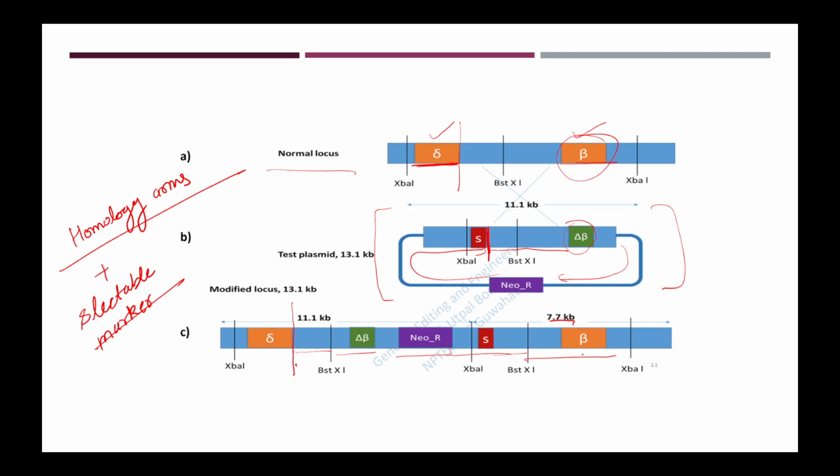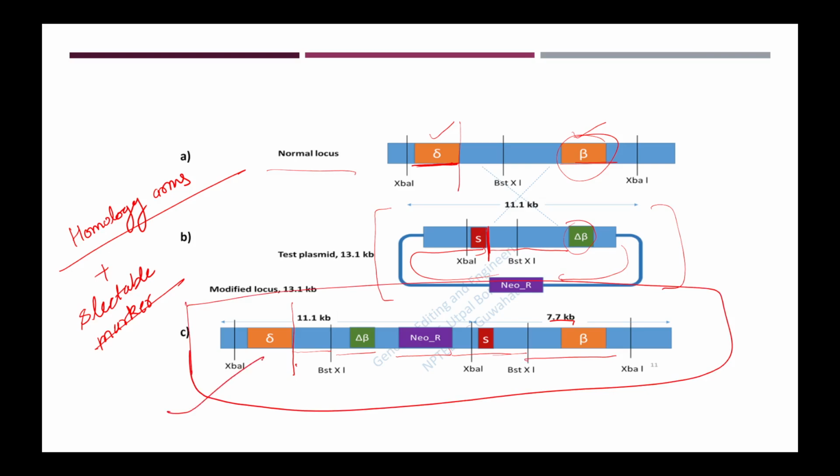Okay. So that is how this modified locus has been derived. So this has become a loss of function mutant because a truncated beta gene has been introduced into the chromosome of this organism. So now the non-functional copy will express, and that will show the effect on the organism's survivability.